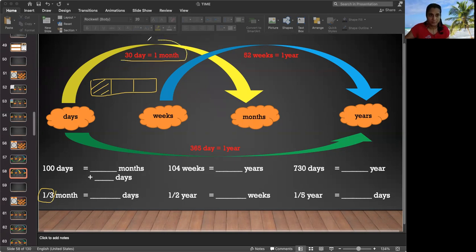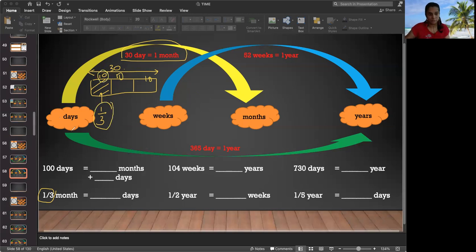In 1 month, there are 30 days. So this whole thing is 1 month, which has 30 days. This is 1/3. What am I doing? I am taking my 30 days and dividing it into 3 parts. So every part would have 10 days. So 1/3 is actually 10 days.